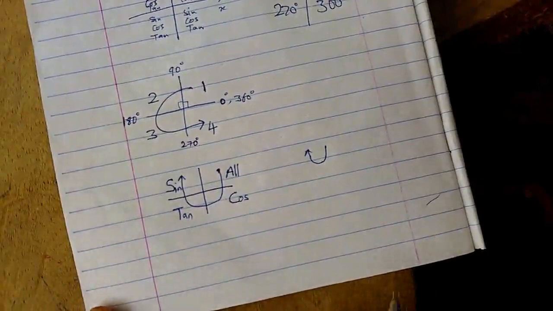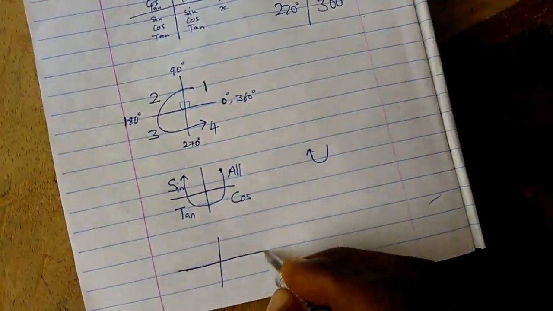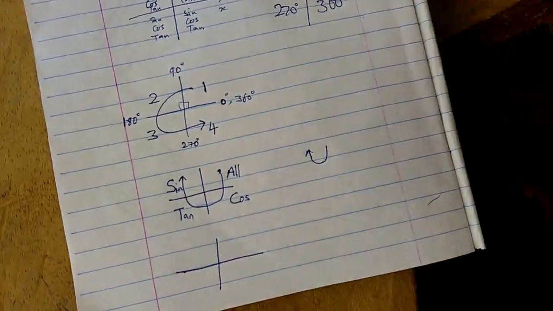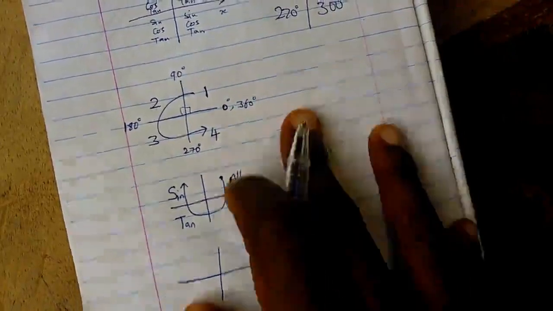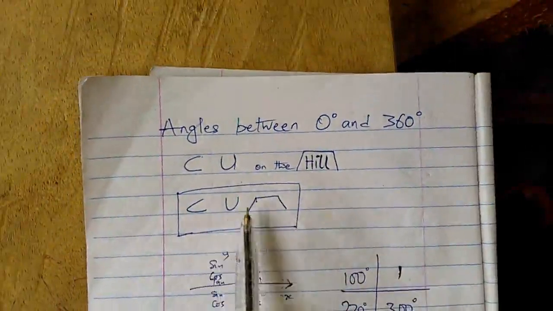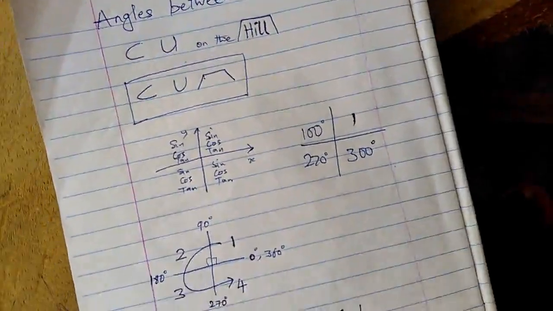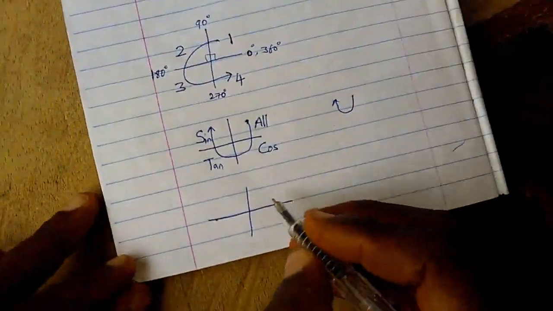Now the third code is you have a Cartesian plane like that, divided into quadrants. And you see CU on the EU. CU on the EU. Now this pattern looks like EU.